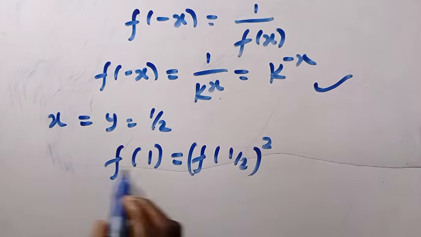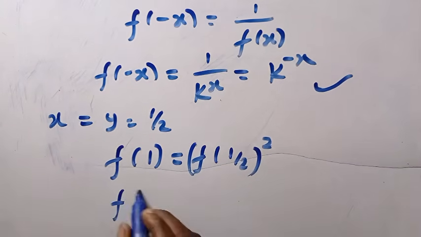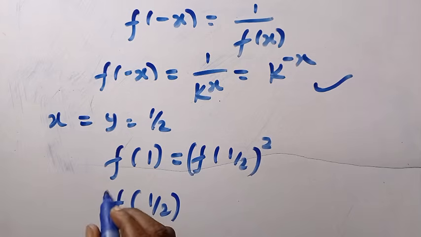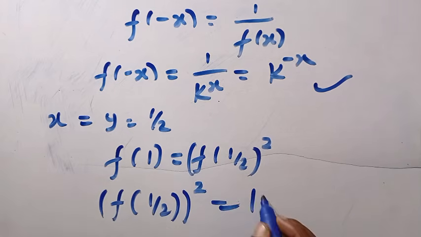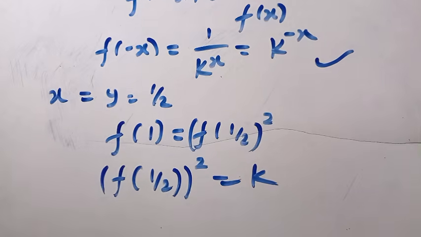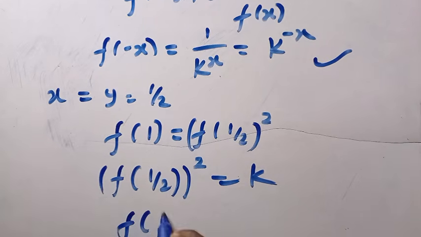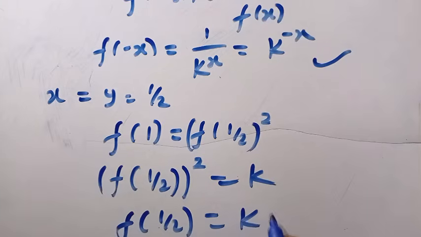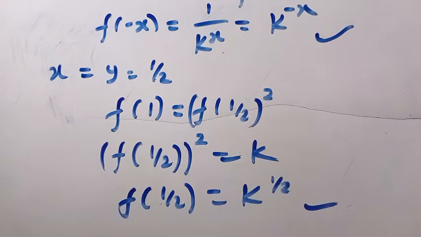Then, since f of 1 is k, we have f of 1 over 2 all squared equals k. And by taking the square root of both sides, or raising both to 1 over 2, we are going to have f of 1 over 2 equals k raised to power of 1 over 2. So this one is also true.